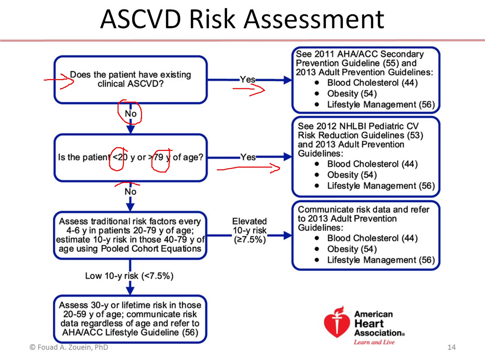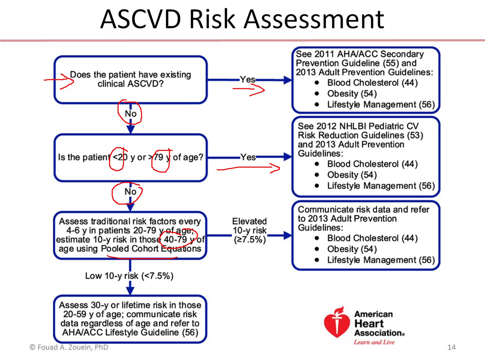Now, if the patient that we're talking about is between 20 and 79 years of age, the perfect fit for the ASCVD risk assessment, we assess the traditional 10-year risk for this population. And we know that it's more powerful between 40 and 79 years of age, because we do have a lot of cohort equations and a lot of data pertaining to this population.